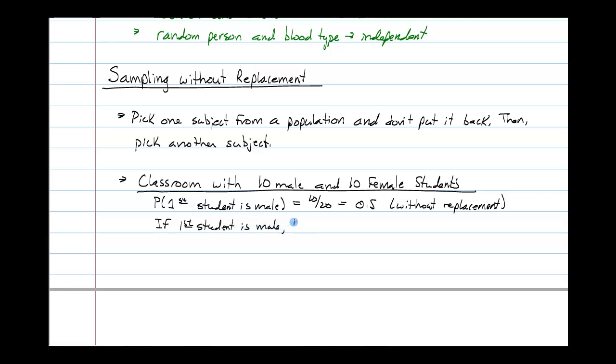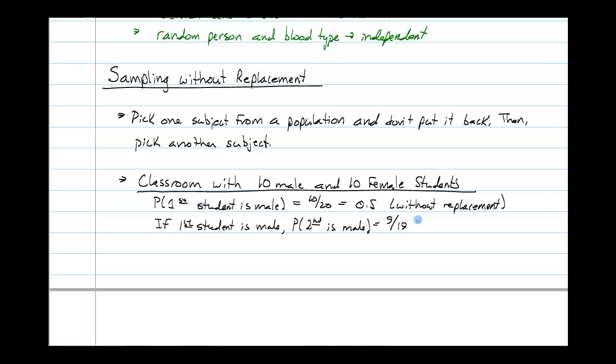then the probability that the second student is male, we'd have to think about that one. There's only 9 males left to choose from because one has already been selected and not returned to the population. And since there's only 9 males left, I also have to think that the overall population has been diminished by 1, so my denominator here is 19.